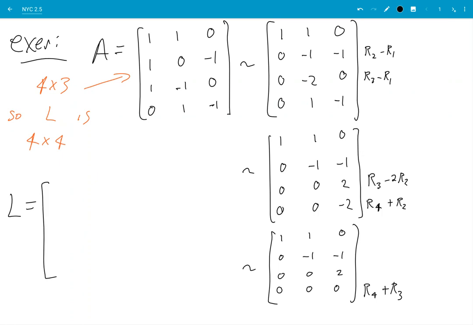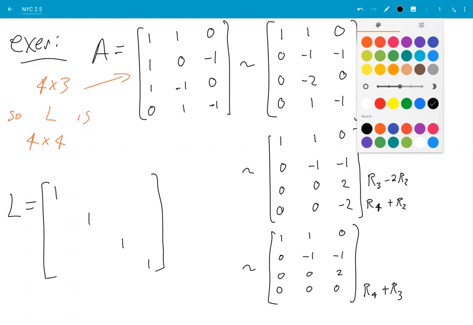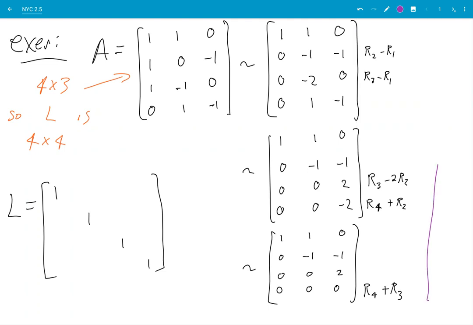You start with the identity, where blank entries are zeros. Now, placing numbers below the diagonal by going backwards through here.